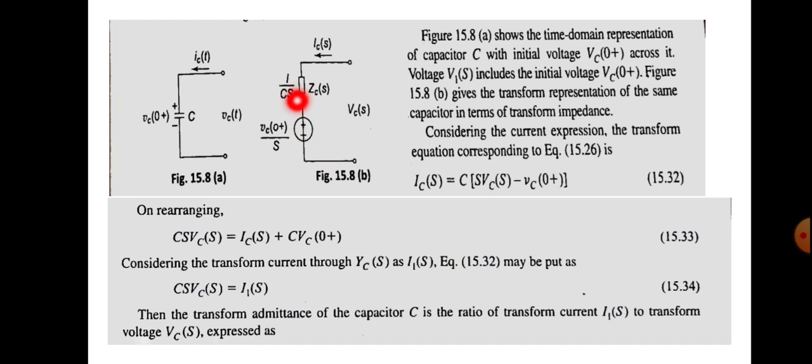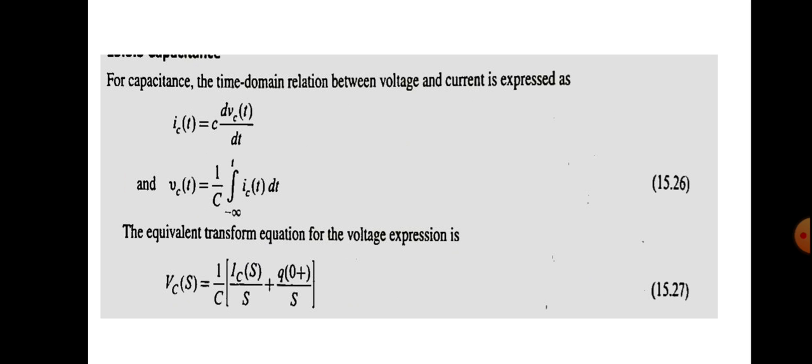So in the case of a capacitor, the transform domain circuit can be drawn as a series combination of an initial voltage source and the impedance Zc of s. Similarly, we can take the current equation. Here the current equation is Ic of t equal to C into dVc of t divided by dt.